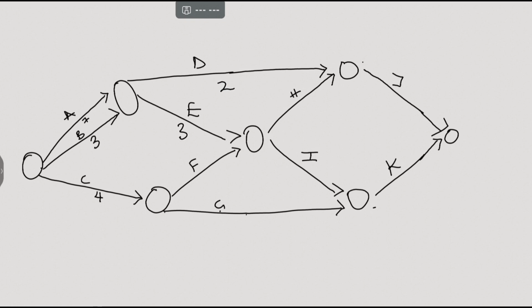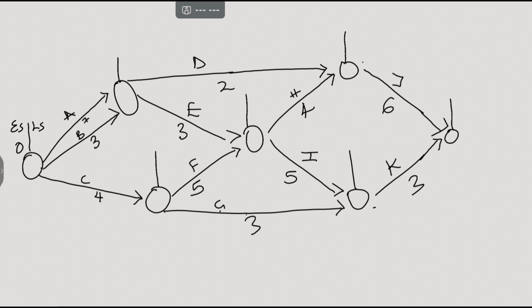So we just input the mean values, and for D it is 2, this is 3, this is 5, this is 3. This starts from 0. There are 2 activities preceding this node, 7 and 3, and for the earliest starting time, we always pick the highest. So between 3 and 7, the highest is 7.